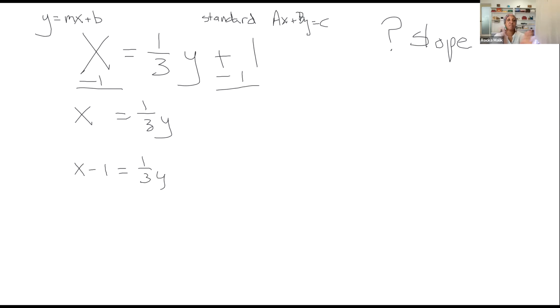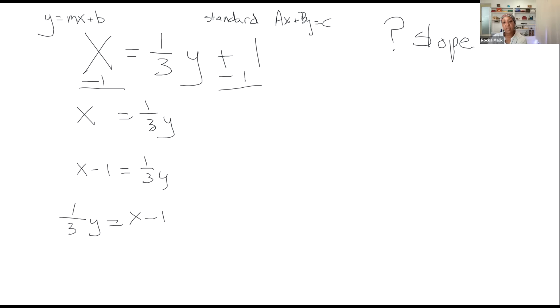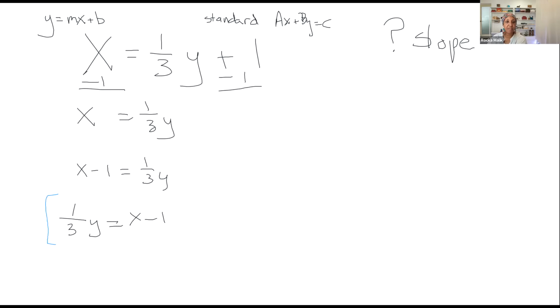And then I'll just swap those so it looks a little bit more normal: 1/3 y equals x minus 1. And I want to get rid of this 3 on the bottom. So I'm going to multiply the whole equation by 3/1 to get rid of that fraction.